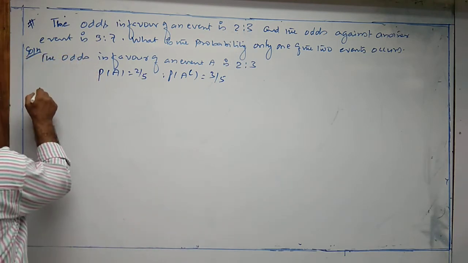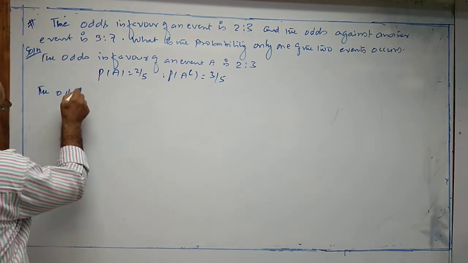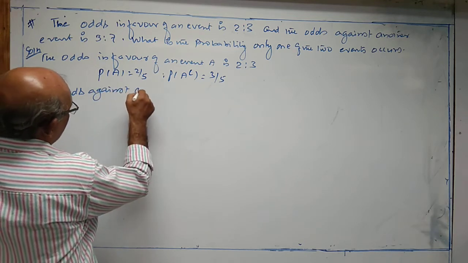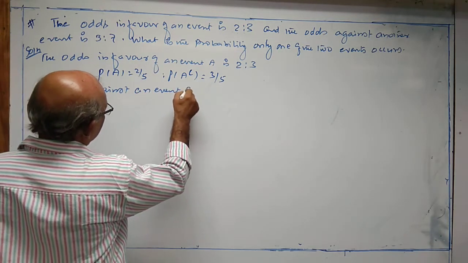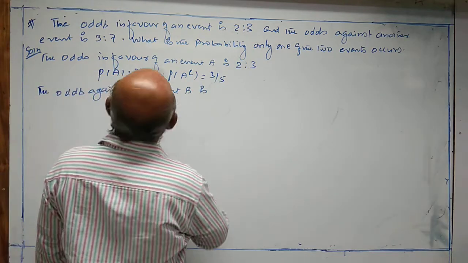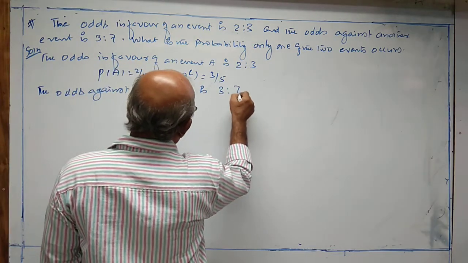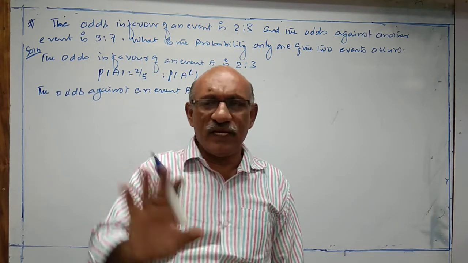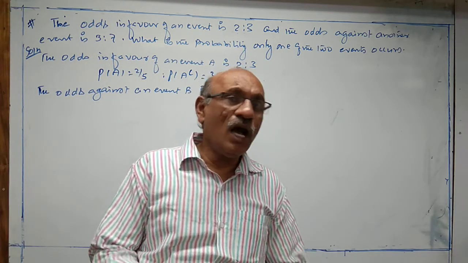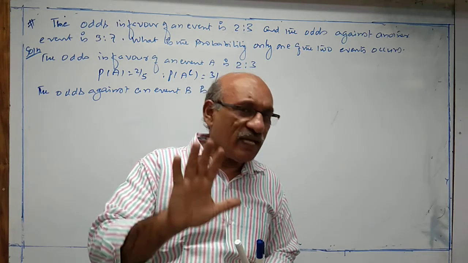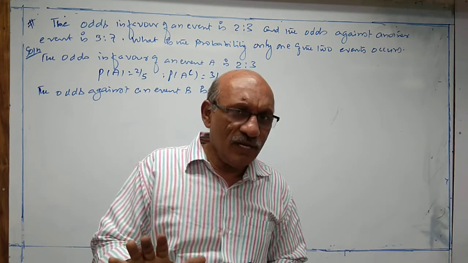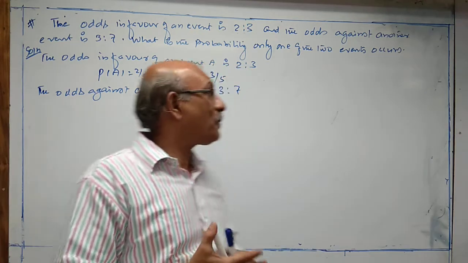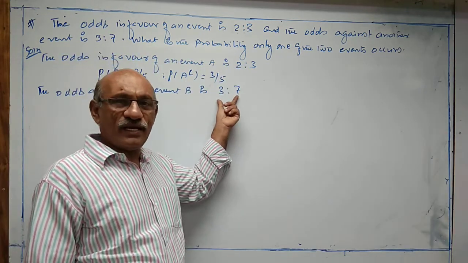Next, the odds against an event B is 3:7. Total how many cases are there? 3 plus 7, 10 cases are there.